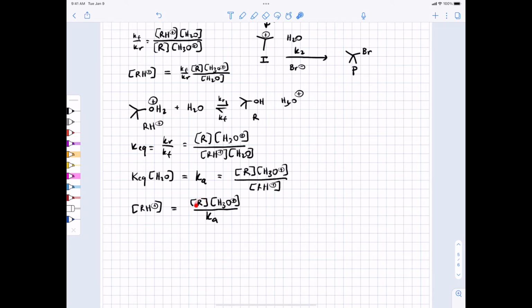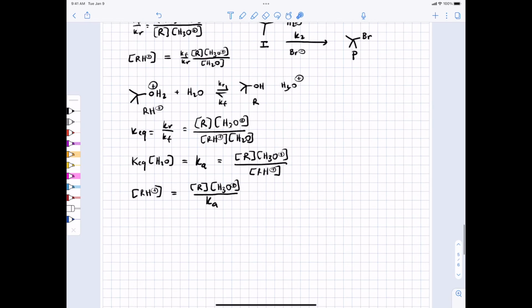So all we need to know is the starting alcohol concentration, the pH of the solution, and the Ka of the protonated alcohol.